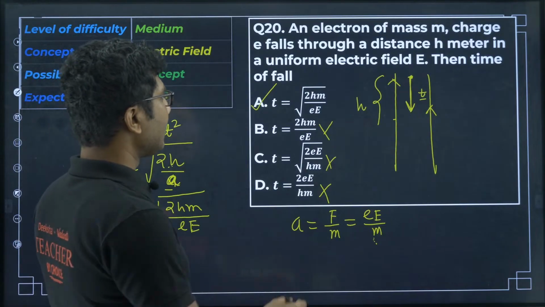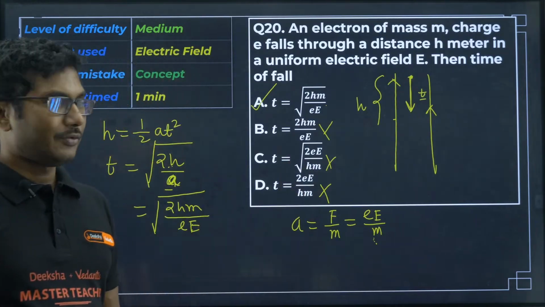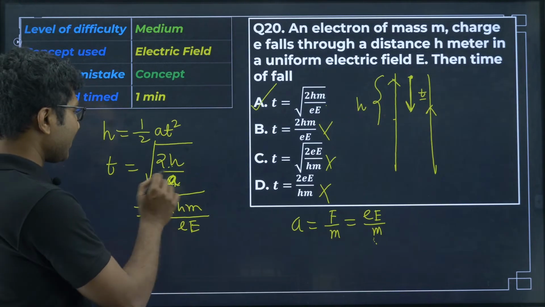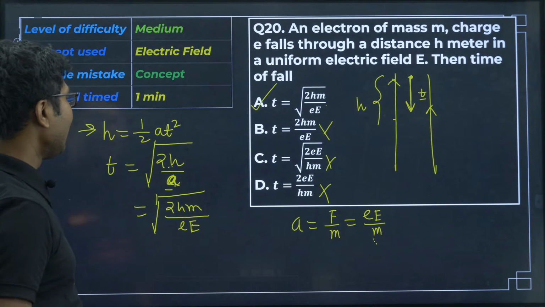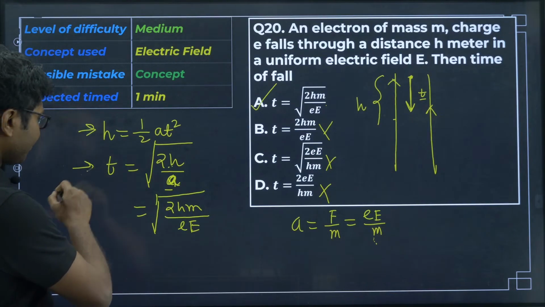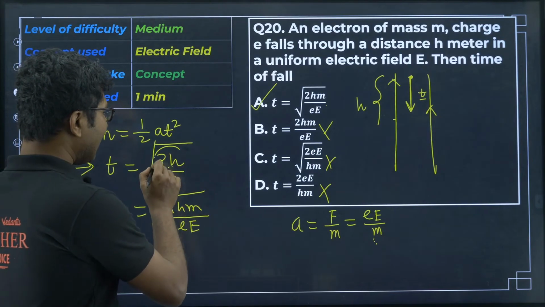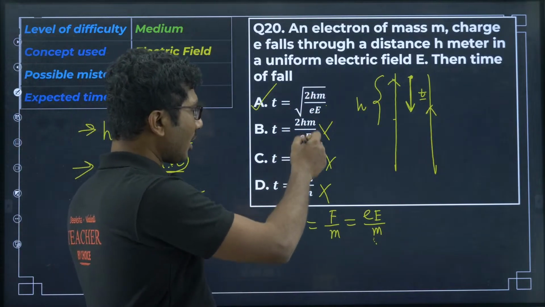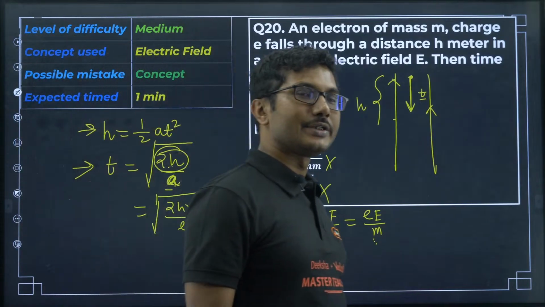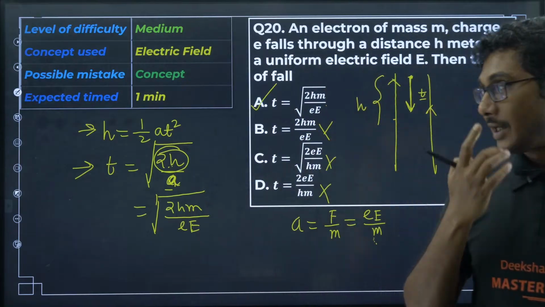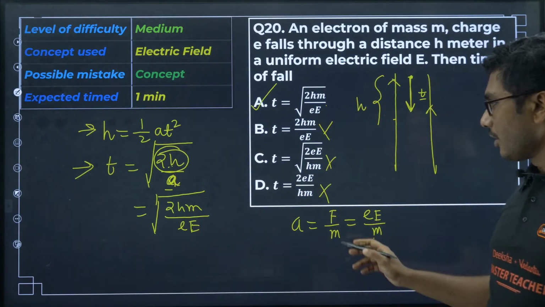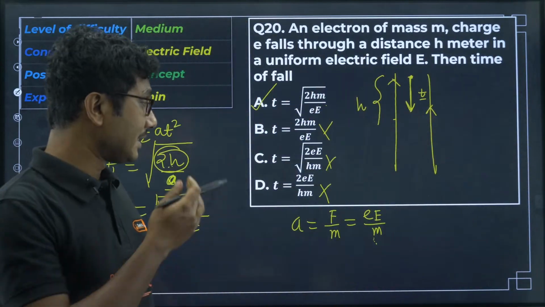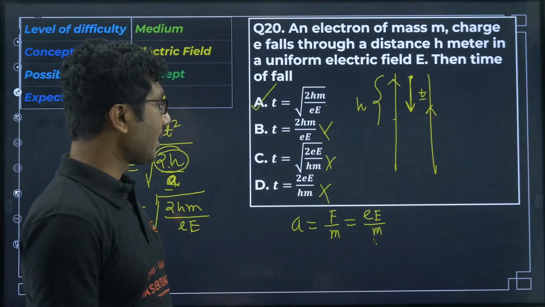Okay. So, definitely this is the answer. So, easy. The shortcut way to solve this is just by remembering this formula from your PU1 and realizing that there has to be a square root of 2h. From the options given, square root of 2h is present in only one. So, that will be the answer, and if you want to be sure, you have to calculate the acceleration from the fact that it is basically force by mass. So, from there you can calculate it.